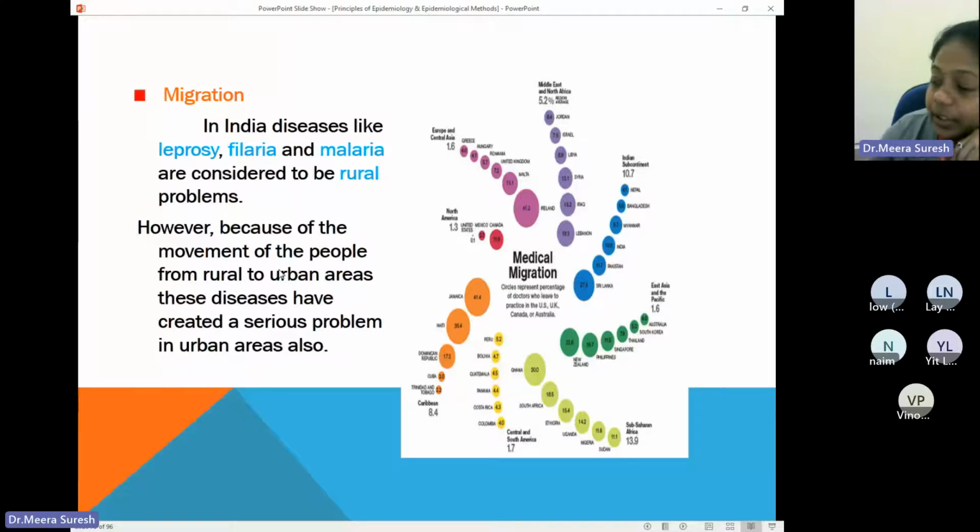Similarly, when we study the same condition in people living in Sierra Leone, or Senegal, Nigeria, where the migration rate into the country is very low, we have to consider the people who are going out. So migration is a very important factor which shouldn't be neglected when we are describing a disease based on places.